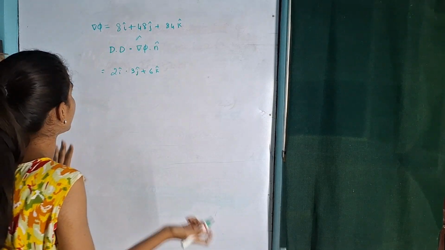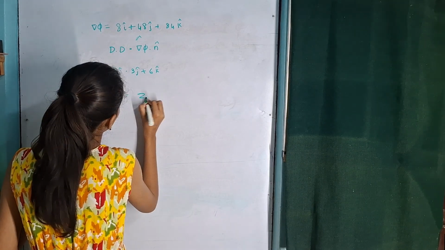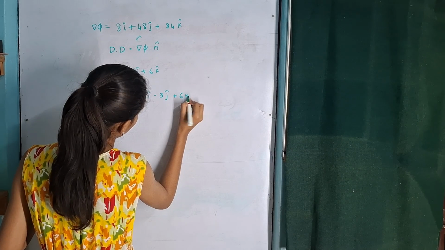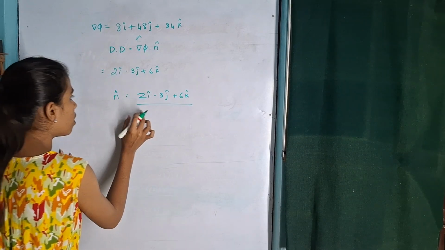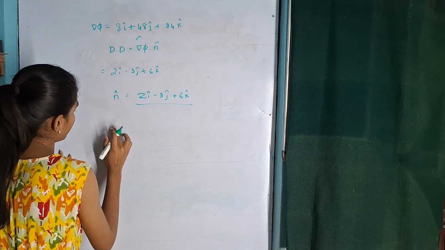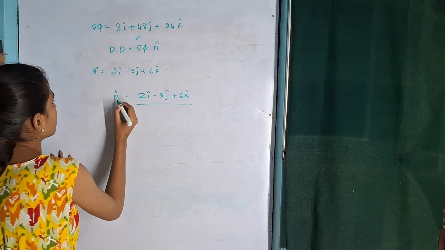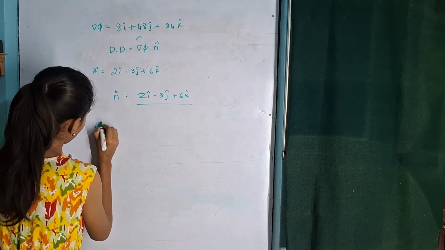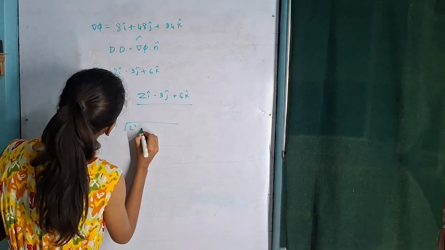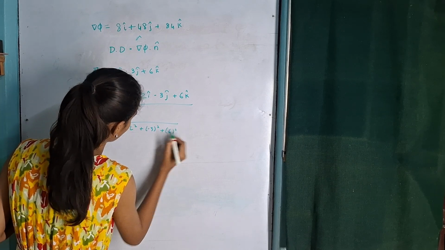So I'll tell you how to find the n vector. N vector is equal to 2i minus 3j plus 6k divided by the mod of, for now we will name this as a vector. So this is the mod of a vector, that is root of 2 square plus minus 3 the whole square plus 6 the whole square.